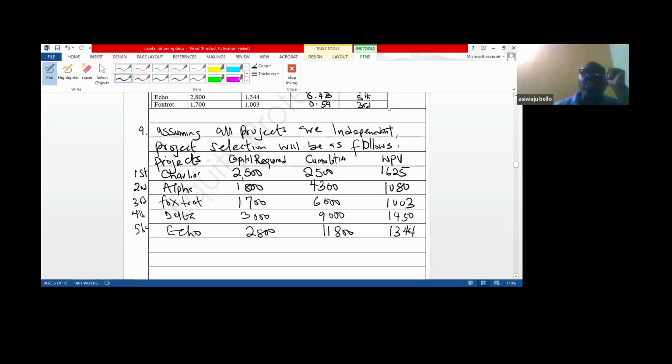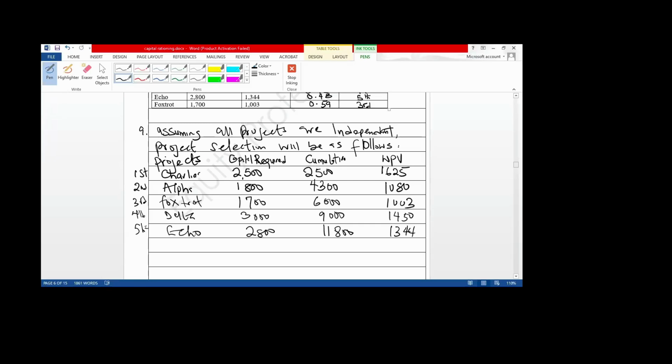So we have a choice. If this project is divisible, we can do some fraction of projects. What is that project name? Bravo. We can take some fraction.